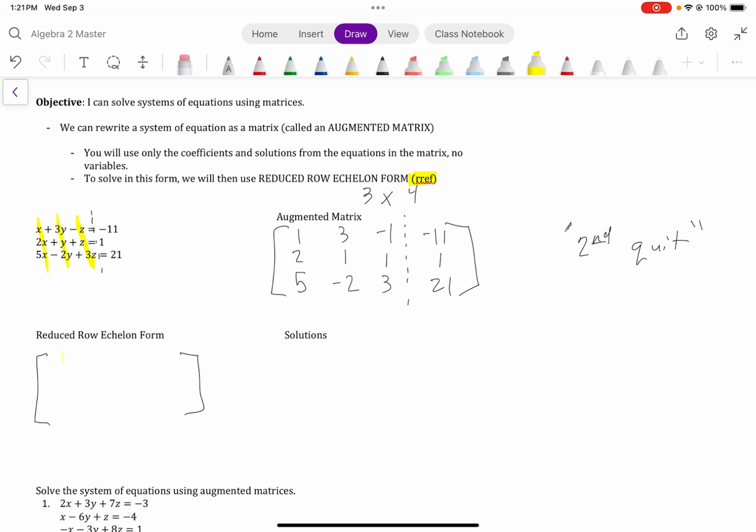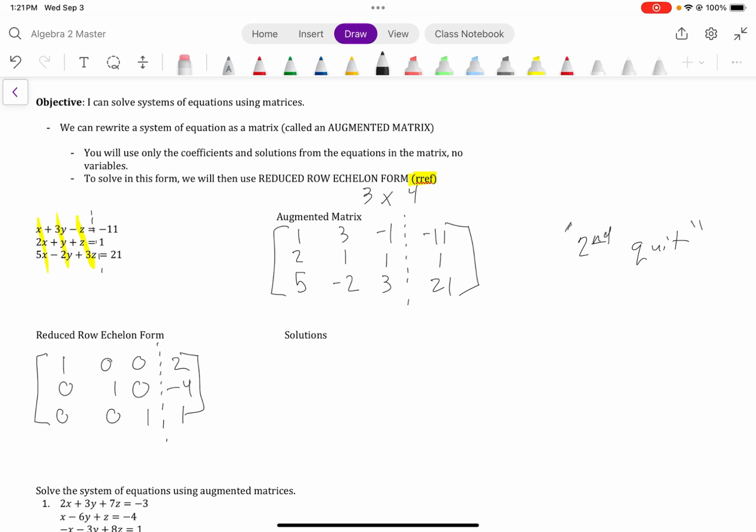It's going to give me this matrix: 1, 0, 0, 2, 0, 1, 0, -4, 0, 0, 1, 1. That is my reduced row echelon form. If it makes me feel any better, I can put this little dashed vertical line as well.